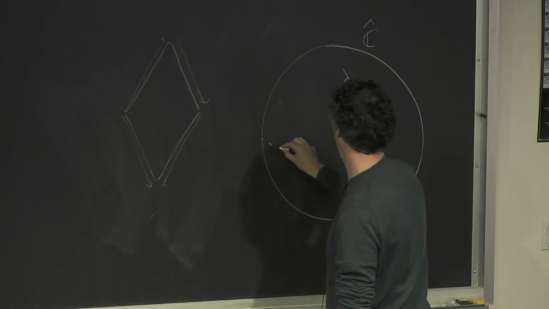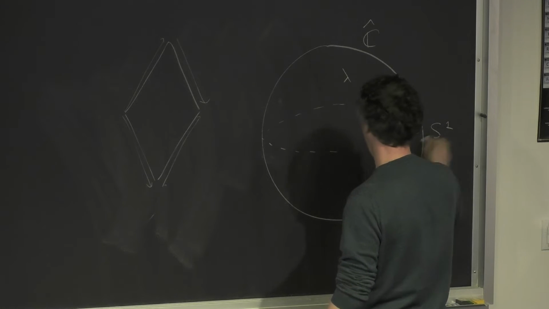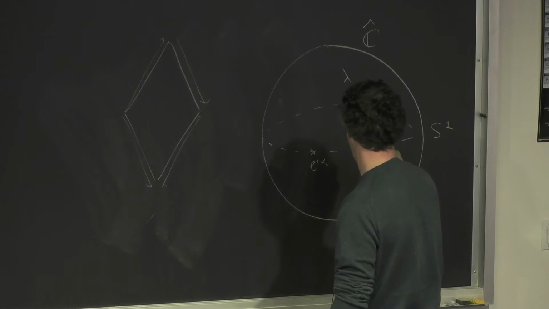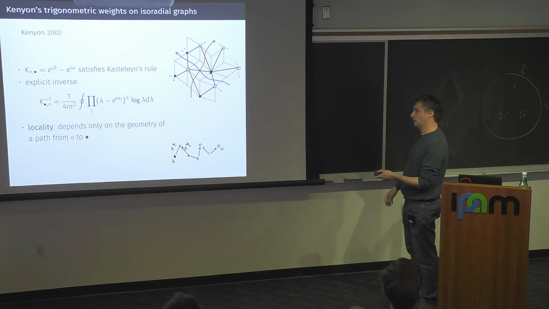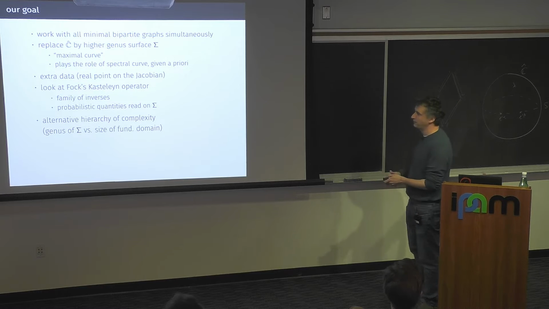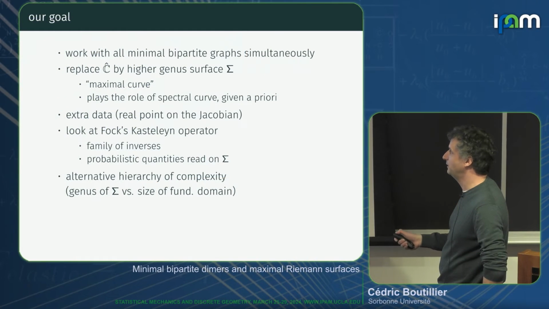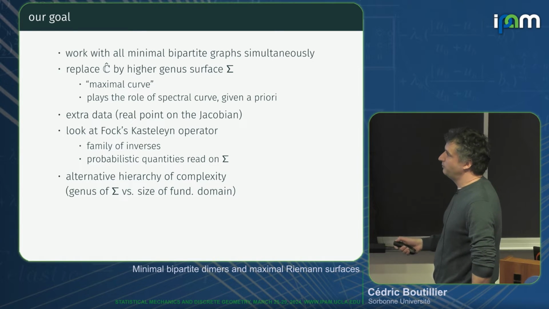And on this Riemann sphere, there is this unit circle, which is where the points e^{iα} and e^{iβ} live. And what we want to do is somehow replace this Riemann sphere by a more general surface. So we will take as a surface, sigma, with some property.